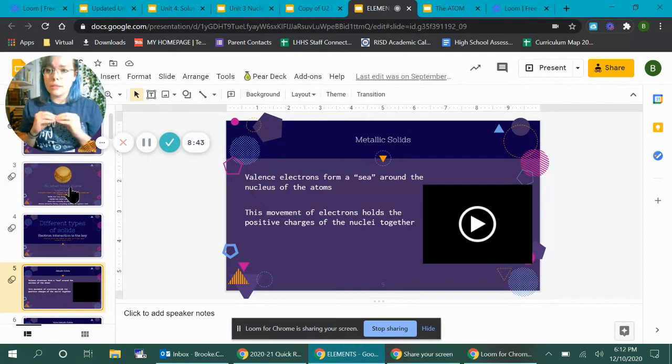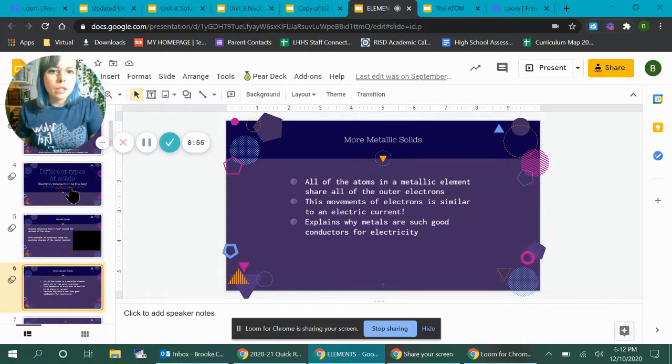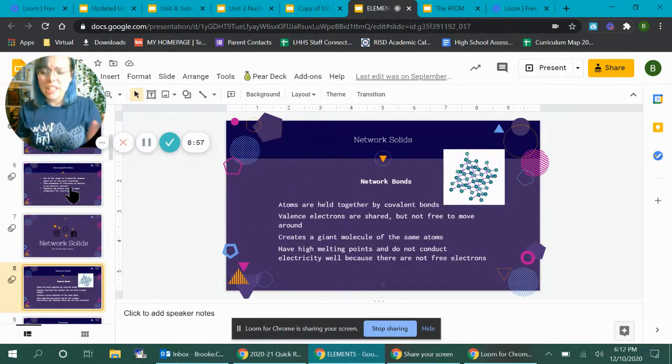Metallic bonds make things have a lower melting point. So they're going to melt easier than say our covalent bonds. The bonds will break easier. Okay, network solids. What I really mean when we talk about network solids is covalent bonding. So remember the electrons, I said they were kind of holding hands.